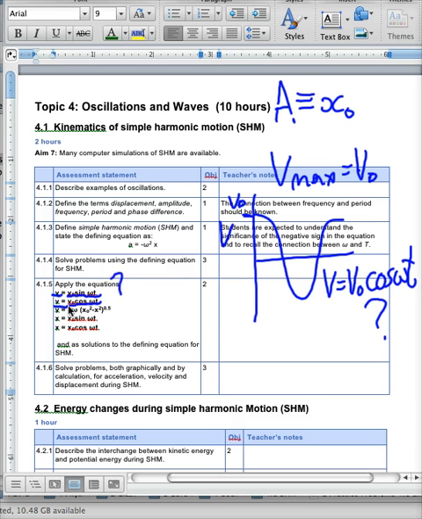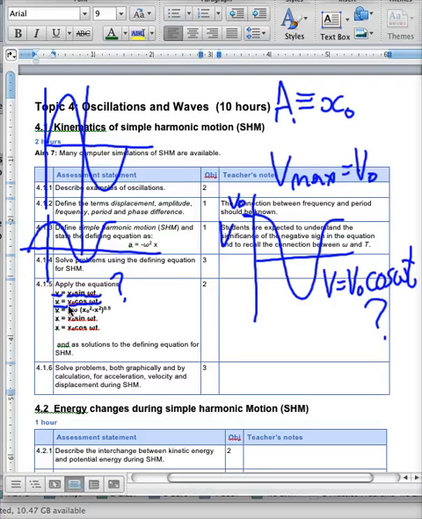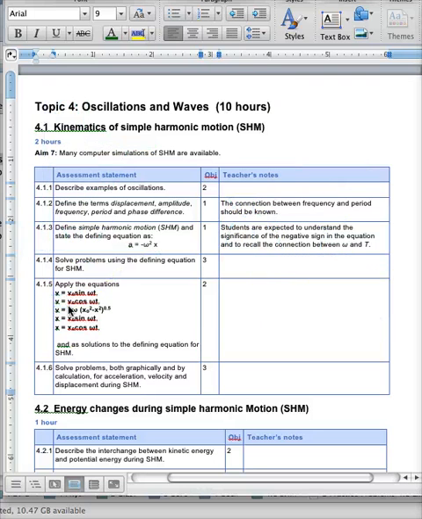How can it be two things at the same time? Well, not to fear. All it's saying is velocity could be this, or it could be this. Assume that these things are all in phase. Let me start that again. That was a terrible drawing.